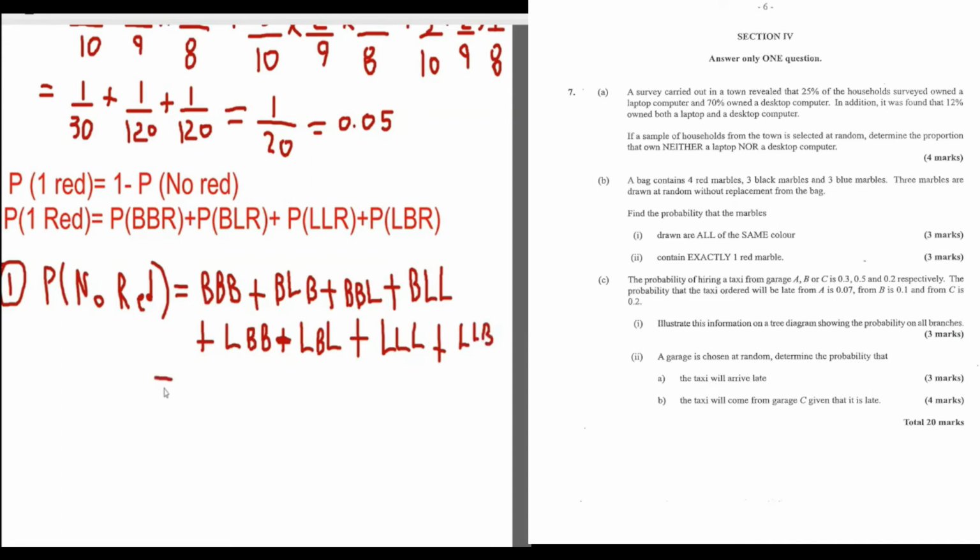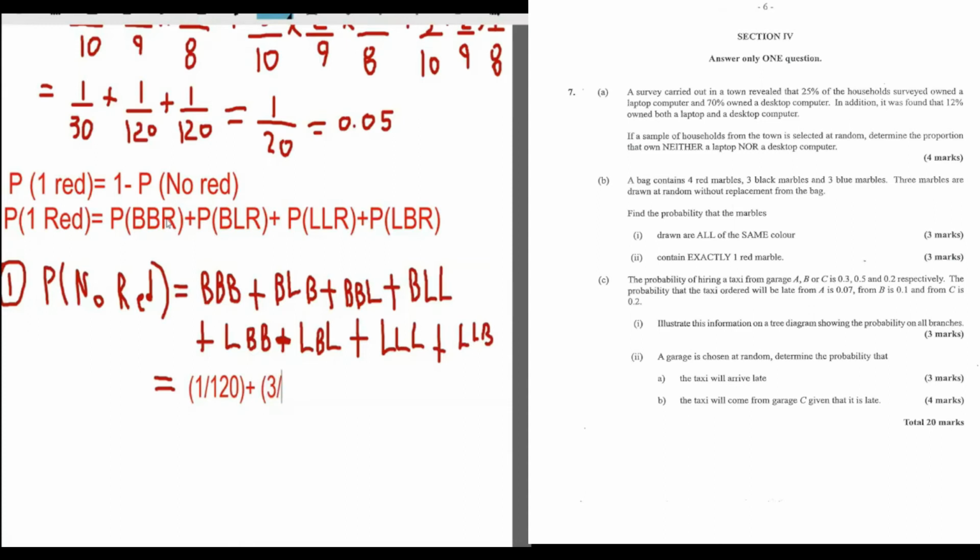So let's work it out. The probability of drawing black, black, black we worked out up here already: 1 over 120. Then the probability of drawing black, then blue, then black: how many black are there? 3.